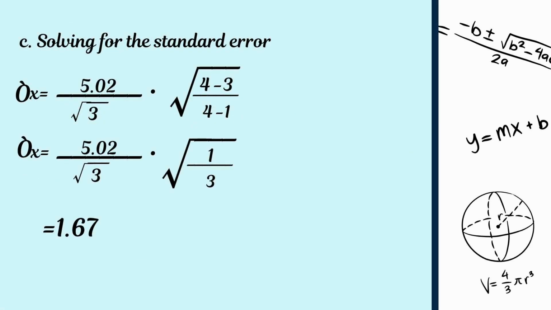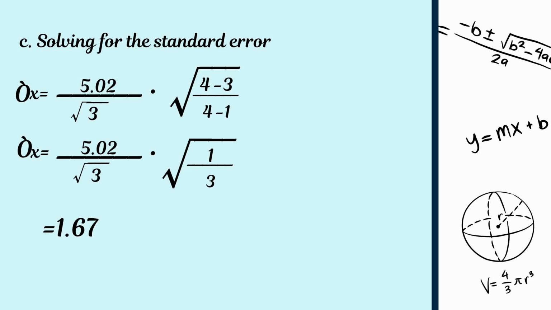C. Solving for the standard error. The formula for the standard error of the mean is the population standard deviation over the square root of sample size, times the square root of the population size minus sample size over the population size minus 1.